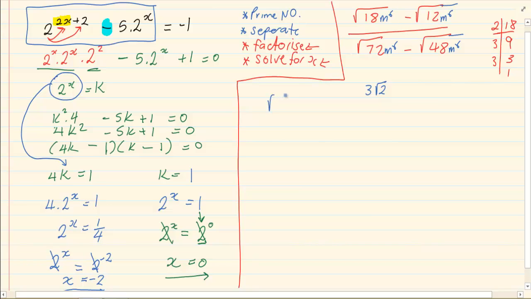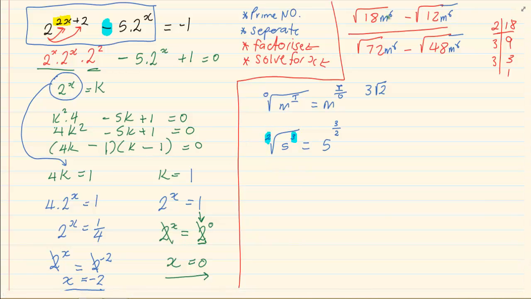Now the general rule for surds is that it is always the inside over the outside. So if I gave you 5 to the power of 3 outside square root 2, my answer would be 5 to the power of 3 over 2. So we are taking inside over outside.